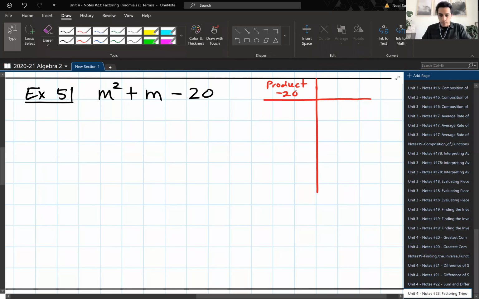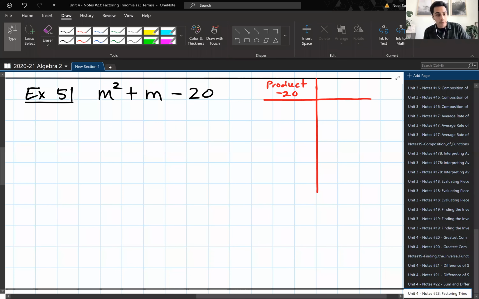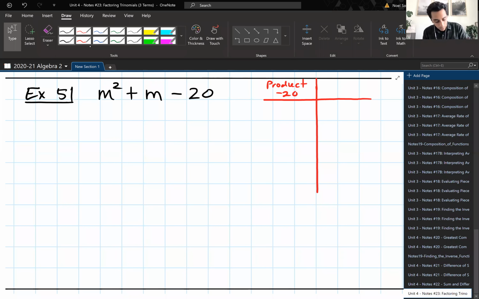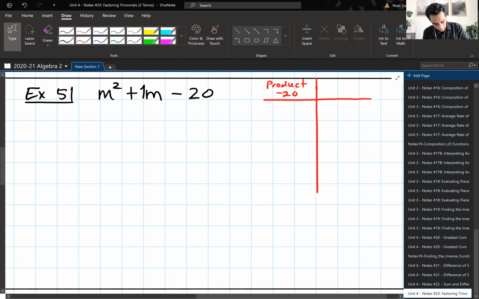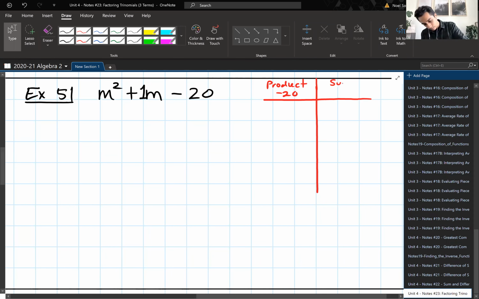And where did you get 1 from? Yeah, it's 1m. The m has no coefficient in front of it, so that means it's an invisible 1. So we want the factors to multiply to be negative 20, but add up to be a positive 1. Okay, so we want the sum of 1.